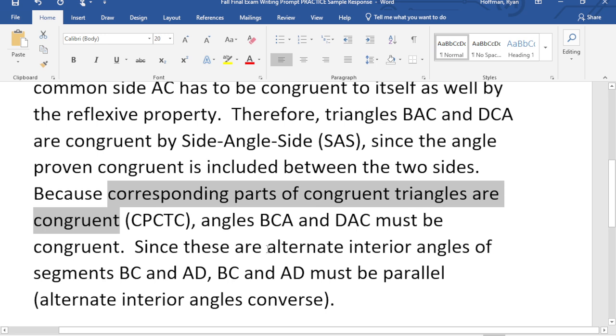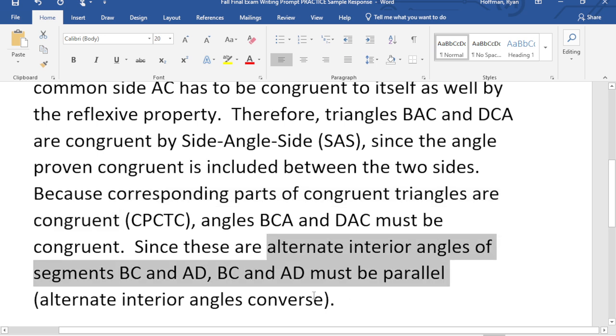And I'm showing that alternate interior angles are supposed to be congruent, and that I know that that's when to use the converse. You'll notice that's quite a bit more than 5. So you don't necessarily need to have every single detail that I have laid out here, but this gives you an idea of what you're looking for.